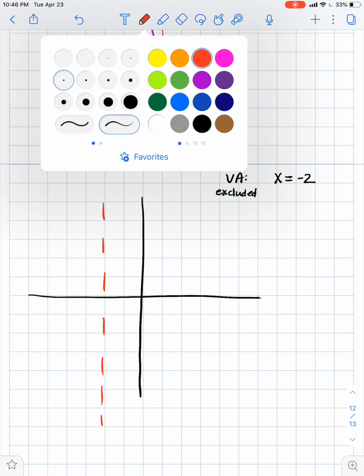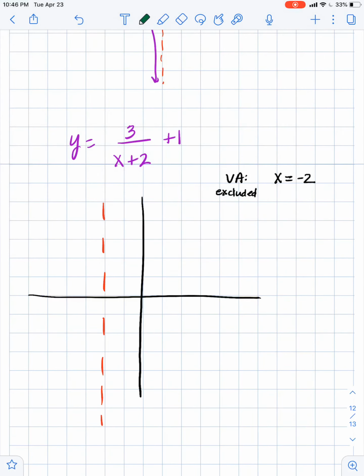Next one. Question is, what would be my horizontal asymptote? How much did I move my graph up or down? And which number do I need to look at in order to determine that? And that would be this value right here. So it says that it's added 1, so it moved it up 1.